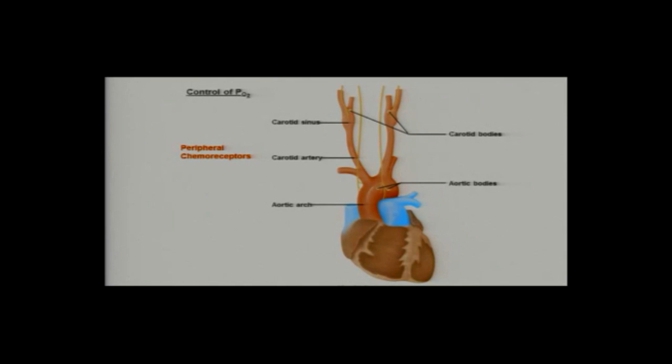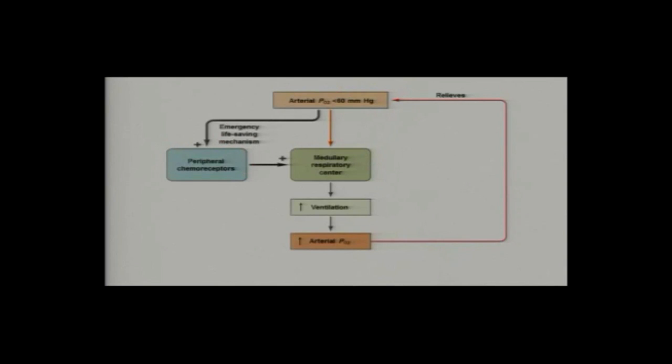It sees it as an emergency life-saving system, so it doesn't use it to adjust breathing on a moment-to-moment basis. The peripheral chemoreceptors are really the primary way our body senses PO2 when it does. But arterial PO2 has to get to about 60 millimeters of mercury or below before the peripheral chemoreceptors even respond. So what's normal arterial PO2?